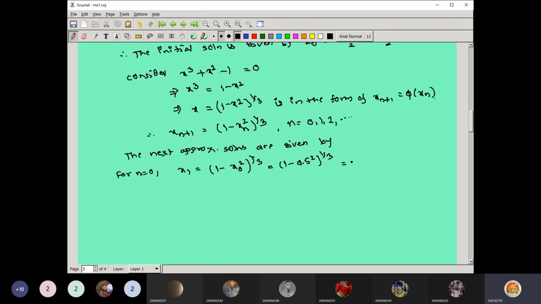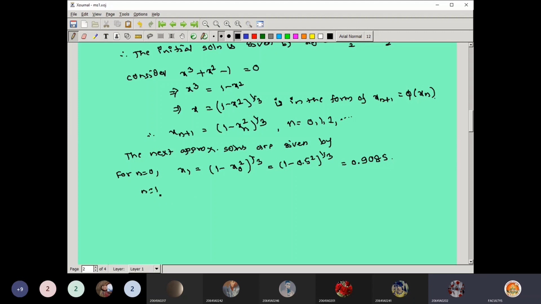Within the bracket first 1 minus 0.5, x square button, bracket close, power button, 1 divided by 3. You are getting the answer 0.9085. Is it correct? Okay, ma. Yeah, sir.